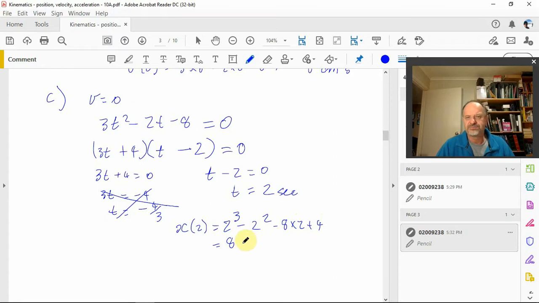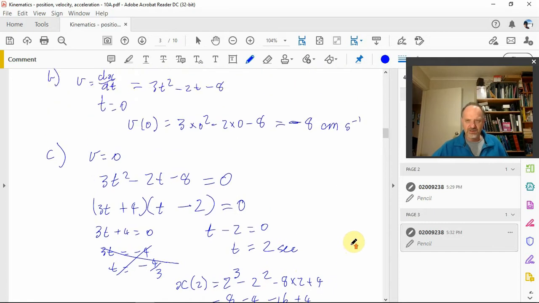And when you work that out, you should get negative 8 centimetres. So time equals 2 seconds, it's negative 8 centimetres from this point O.